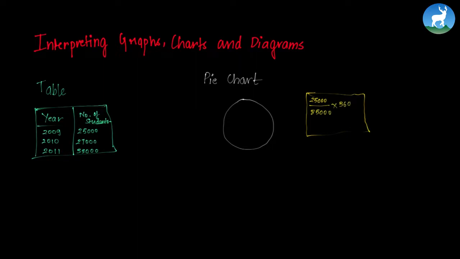This is for grade 9, which gives us 105. Then for class 10, 27,000 divided by 85,000 into 360 becomes 115, and the remaining is going to be for the year 2011.